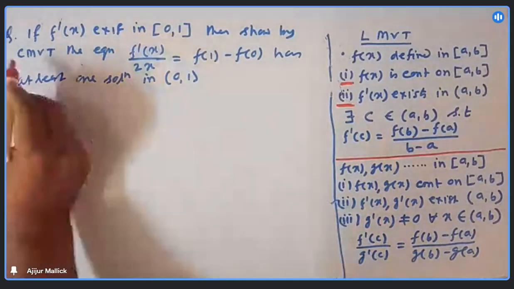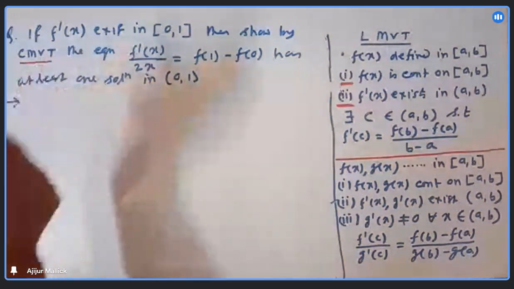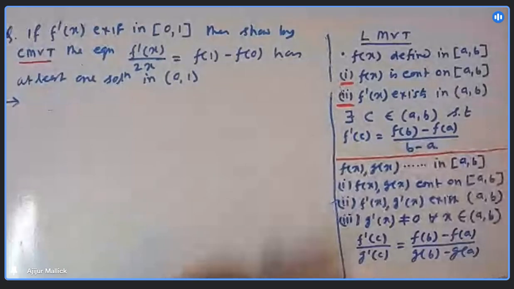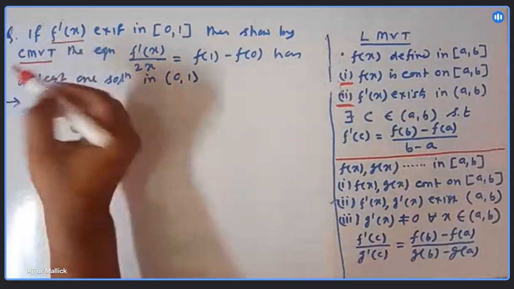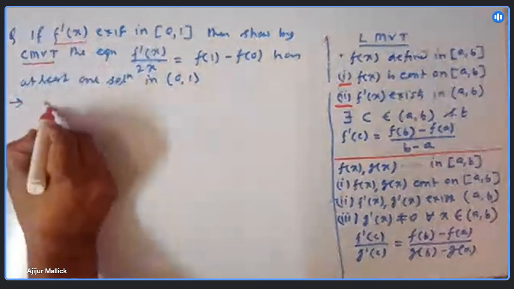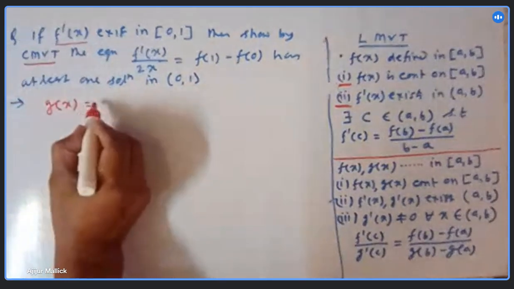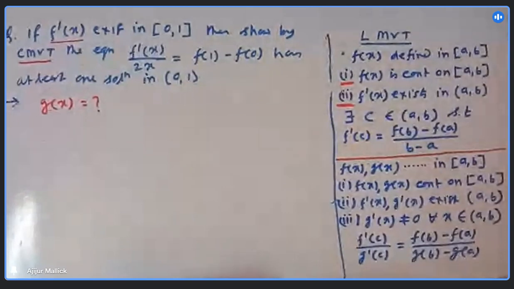So in Cauchy's mean value theorem, I need two functions. Here one function fx is given. Then first question is what will be gx? Can anyone say what will be gx?